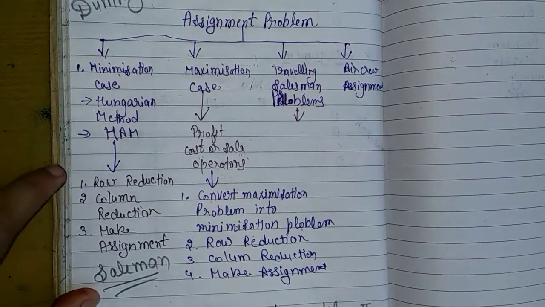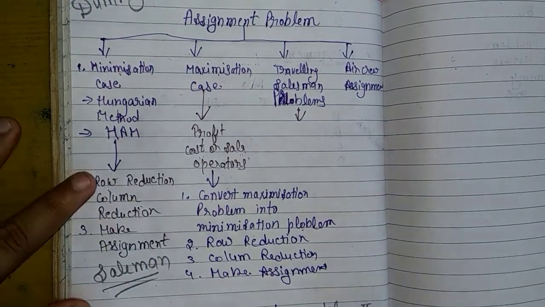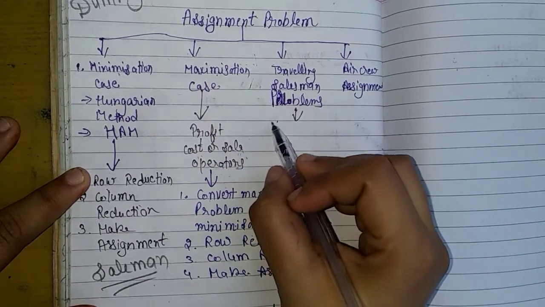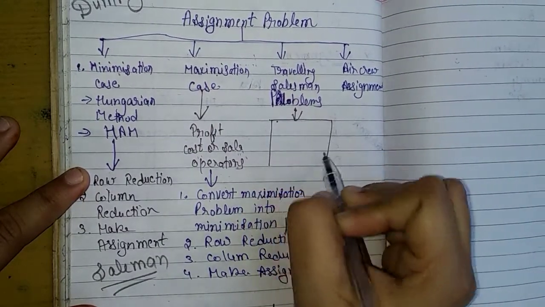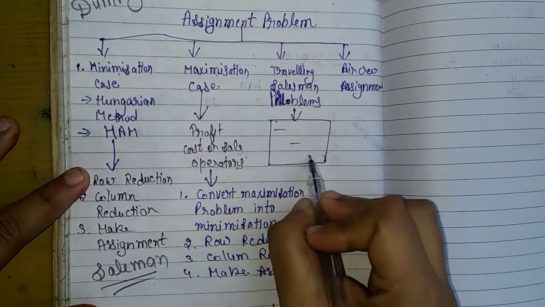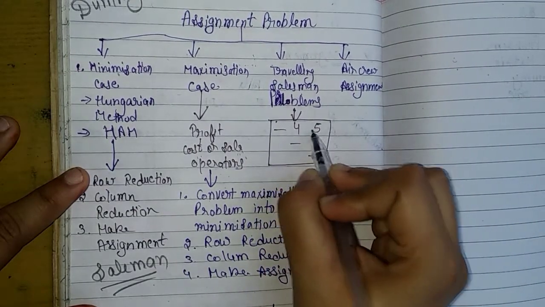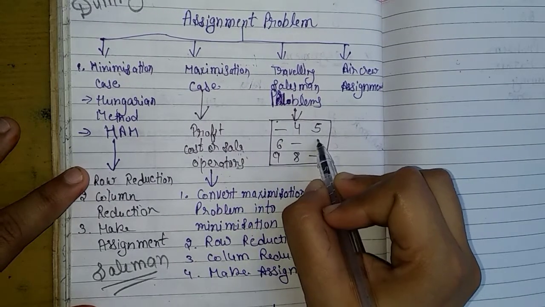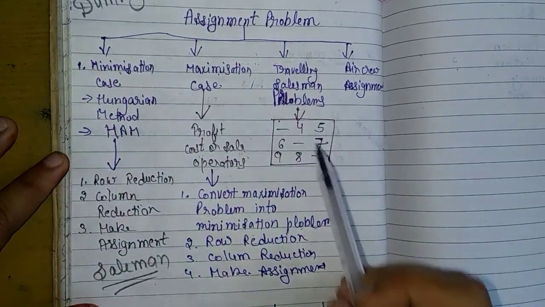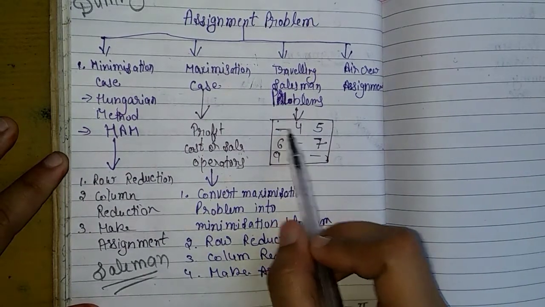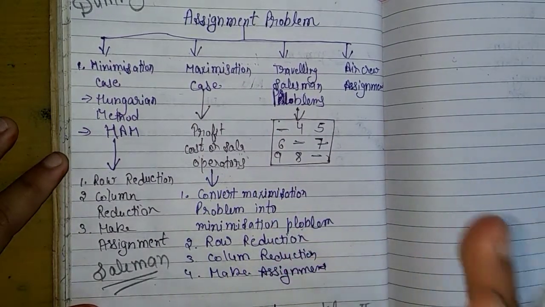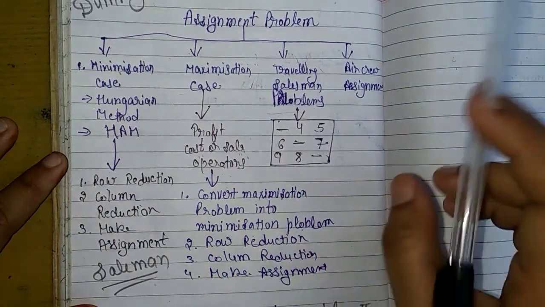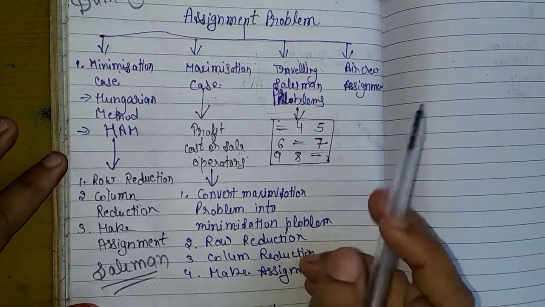Traveling salesman problem, where the matrix is like this, where the diagonal is blank, then we can assume that the problem is of traveling salesman, where the diagonal is empty.